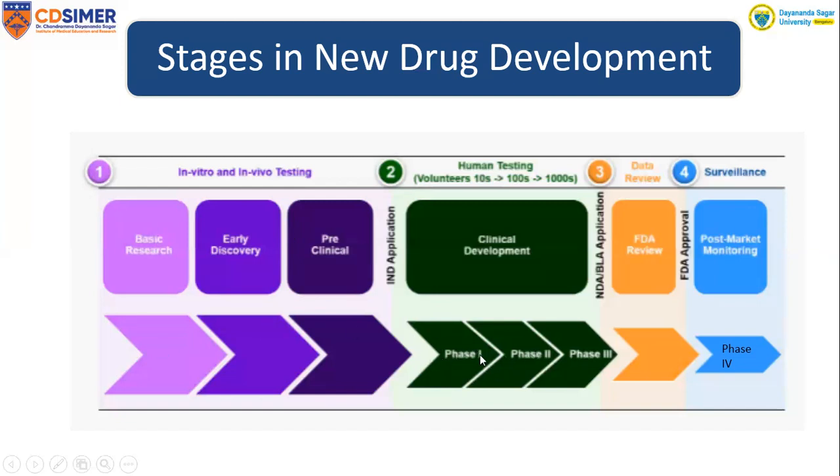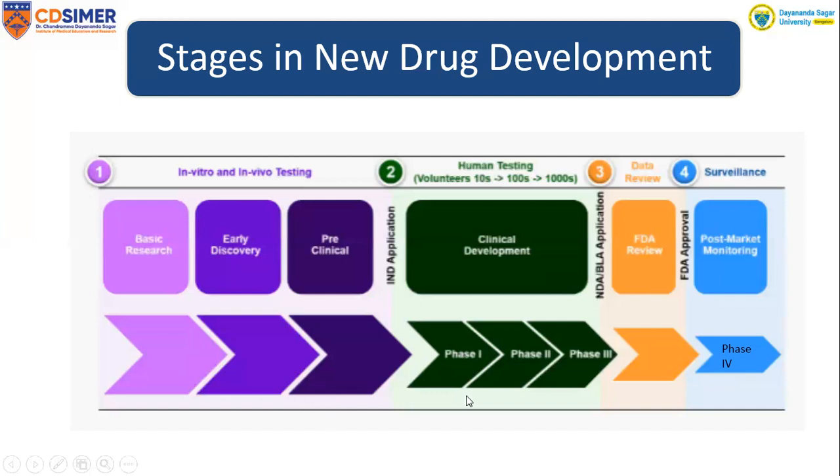But in phase 1, they will start with 1/100th dose, and if it is okay, then they will go to 1/10th dose, and then they will see whether they can reach the maximum, and they will also do dose escalation studies. Okay, single dosing study, after that multiple dosing studies, like this they will continue the evaluation of the particular drug for the purpose of taking it to the next level.